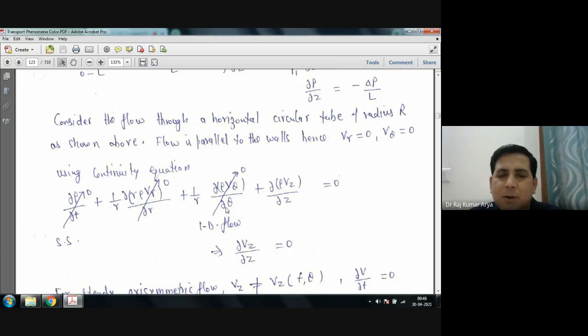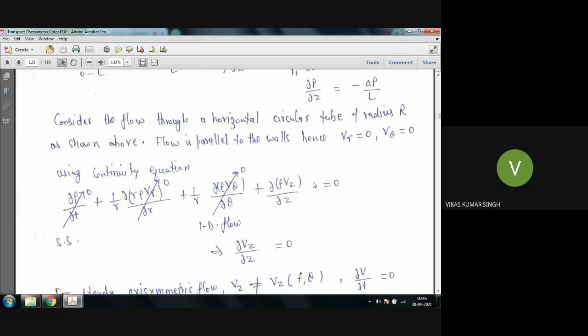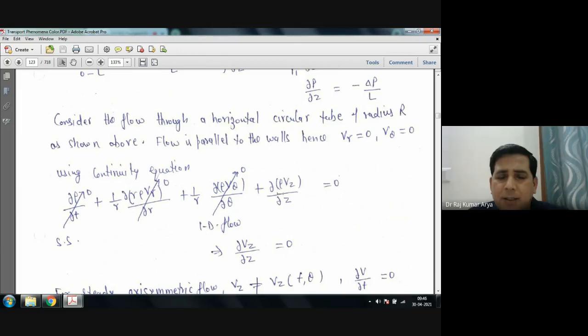So this is from axisymmetric flow, or you can say that if you are talking about totally one-dimensional flow, it means you are considering that V r is equal to 0 and V theta is also equal to 0, right? The last term, either you can cancel it from here, or if you are not cancelling, it is automatically coming equal to 0 from here.